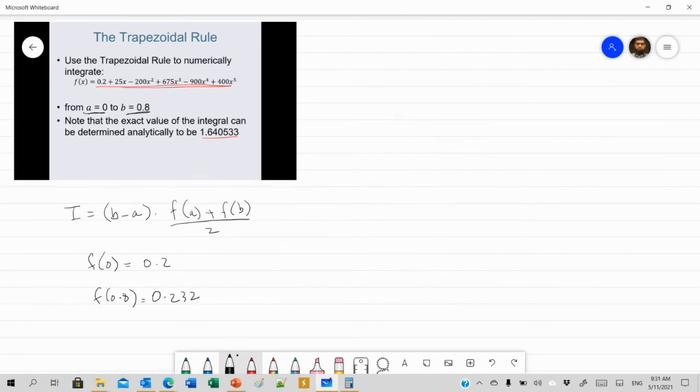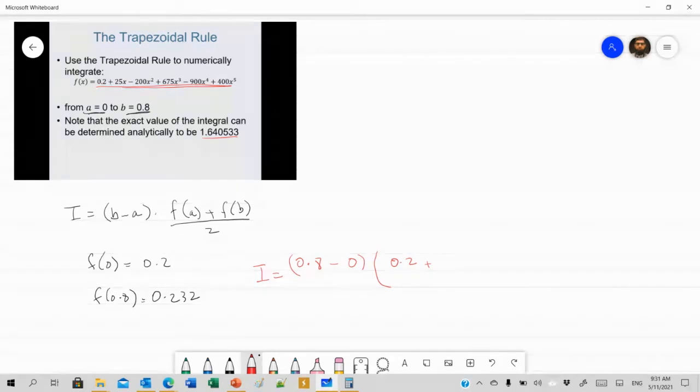Now I can find the integral as b minus a, which is 0.8 minus 0, times f of a, which is 0.2, plus f of b, which is 0.232, divided by 2.